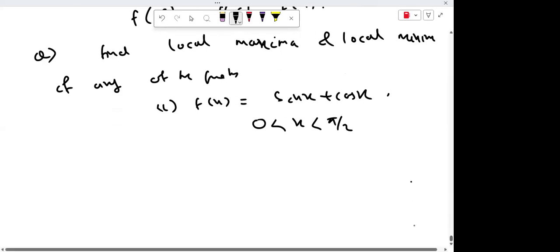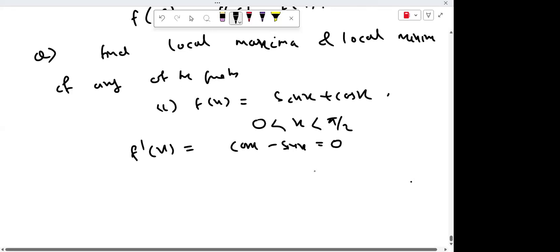Okay. Done, anyone? Same steps. f dash x will be cos x minus sin x.